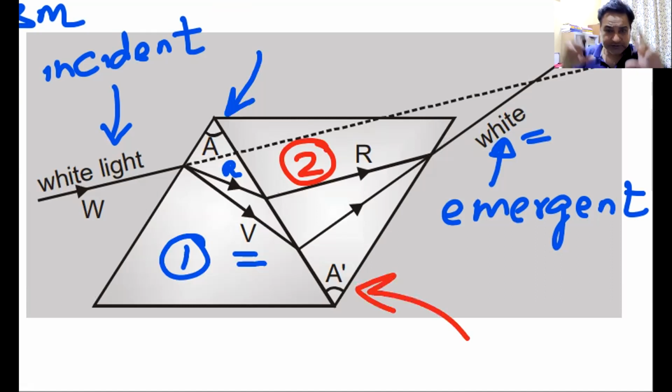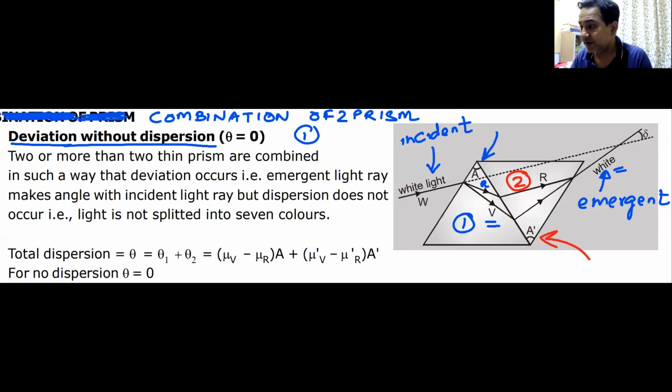When I put these two prisms in such a way that white light comes out as white light, there is no dispersion, but there is deviation. This type of combination is known as combination of prisms with deviation and no dispersion. Do we understand this? Can I have some response that we understand this?